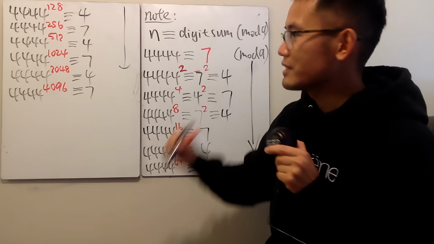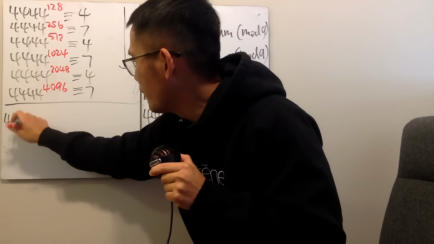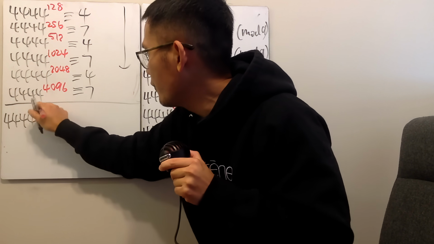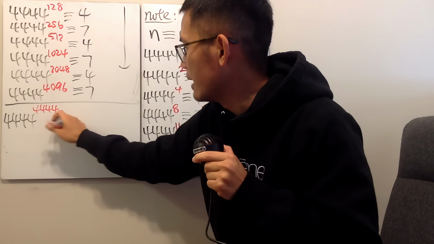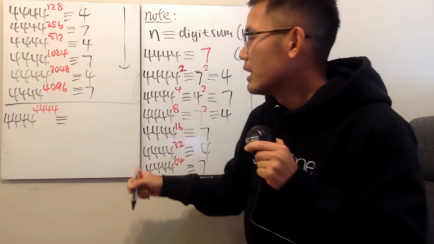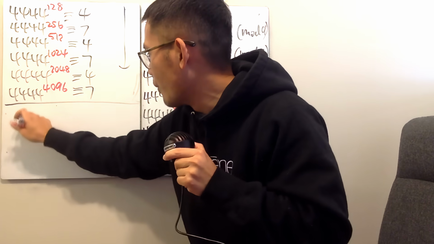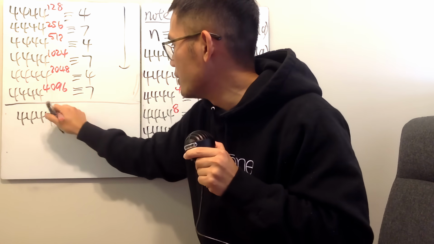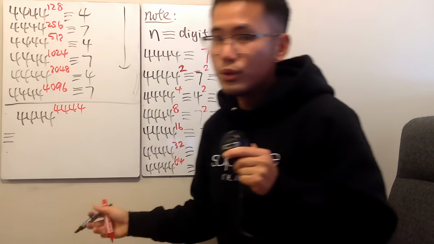Now, check this out: 4444 to the 4444 power. I can break this down and I will just use the congruent symbol. I don't have enough space, so I'm going to write it down below. 4444^4444 is congruent to what?